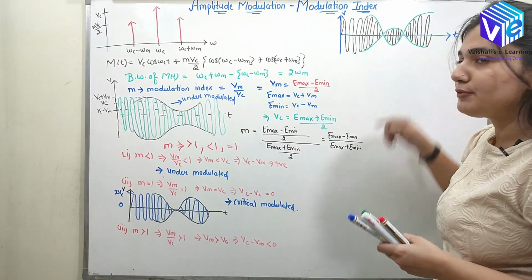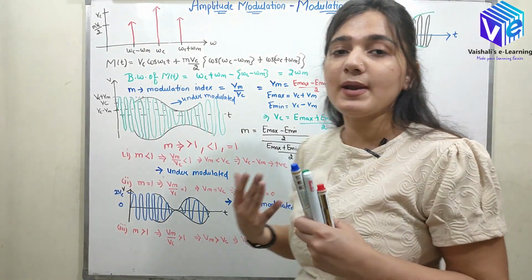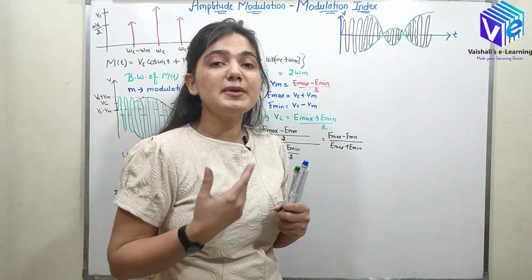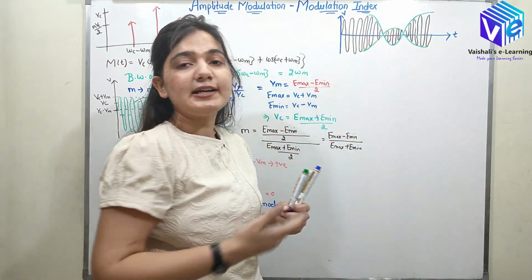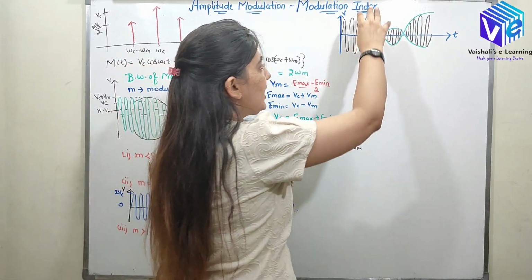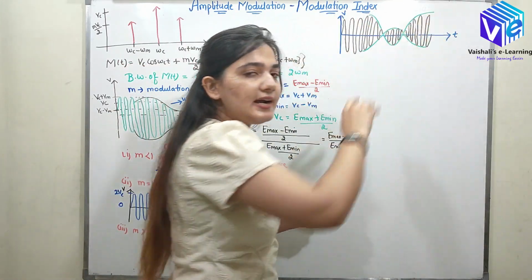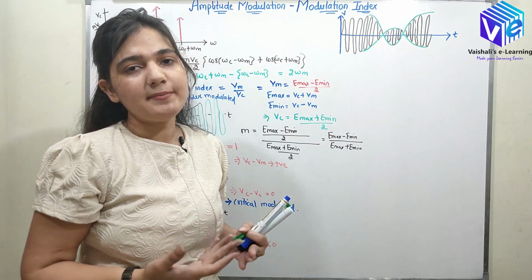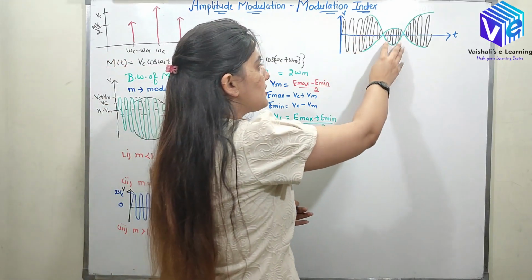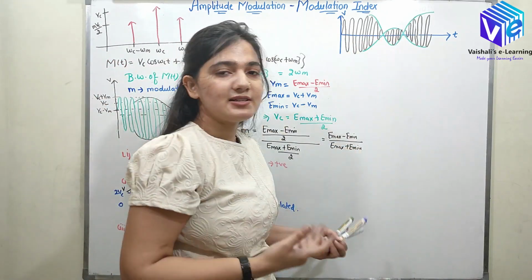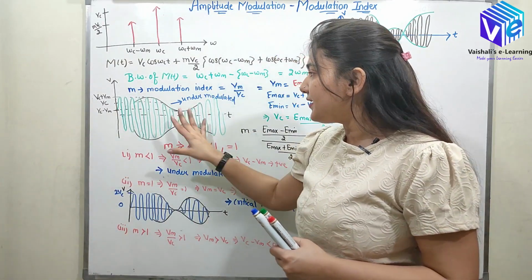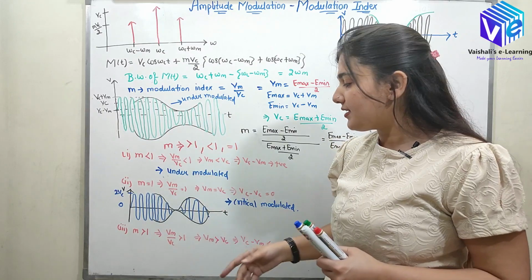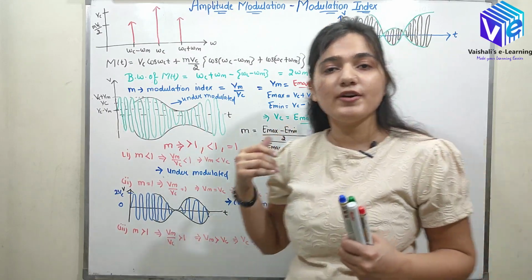So the amplitude is in the negative direction, which implies I have some information of my message signal in the negative side lobe as well. If I just see the positive side, I cannot extract my message. So I need to see the negative side as well to extract my message signal. So I hope you can see the under-modulated signal is better than the over-modulated signal.